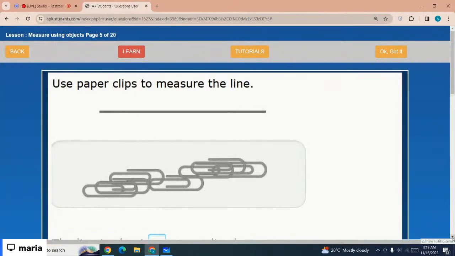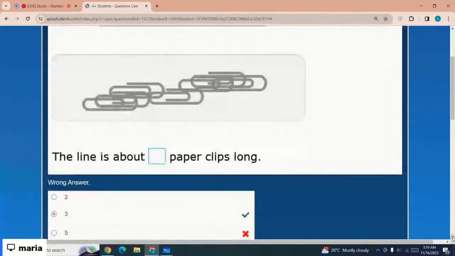Oh, that is just 3 paper clips long because paper clips are so long. So that would be 3 paper clips long.